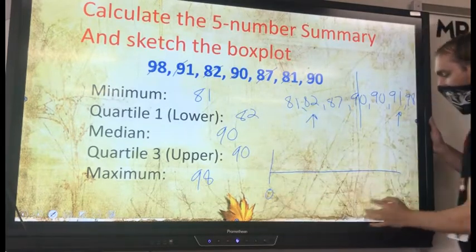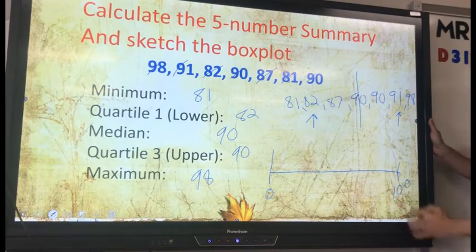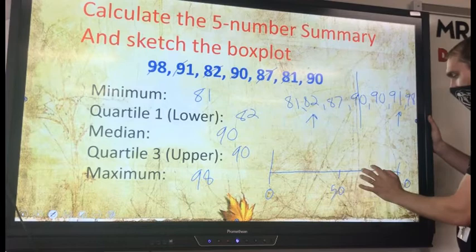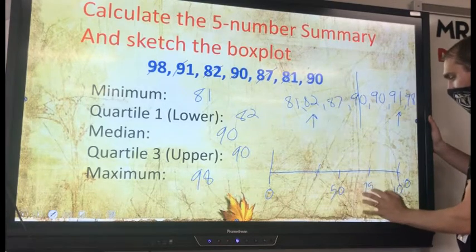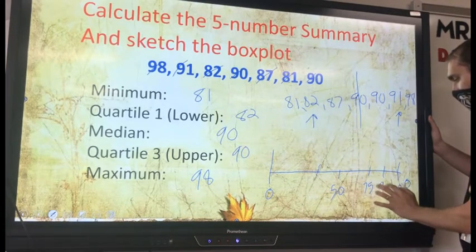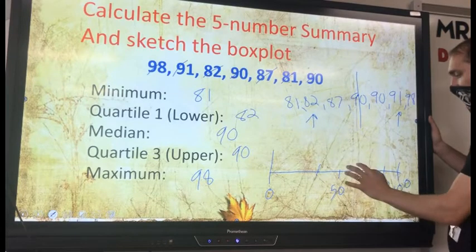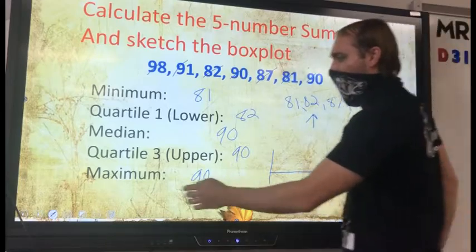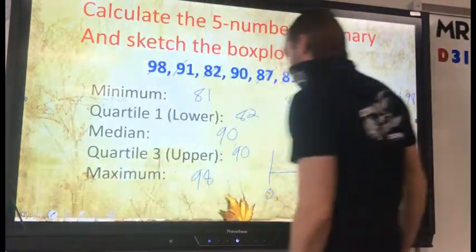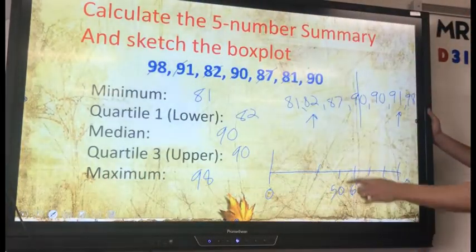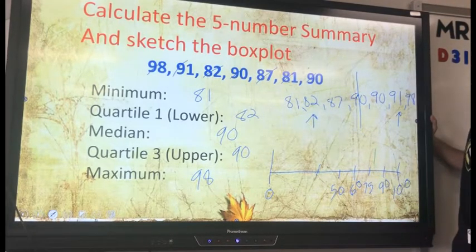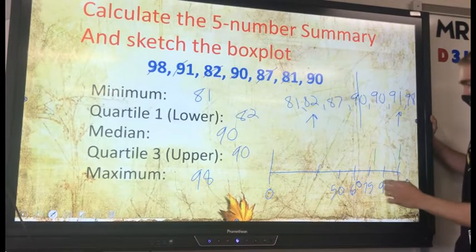We're going from a 0 to the highest score, 100. In the middle is a 50. I'll call this 75. We'll call this 90. We'll call that 60. And we should be good there. So my minimum is an 81, somewhere around here. The highest is a 98, close to 100. My lower quartile is an 82.